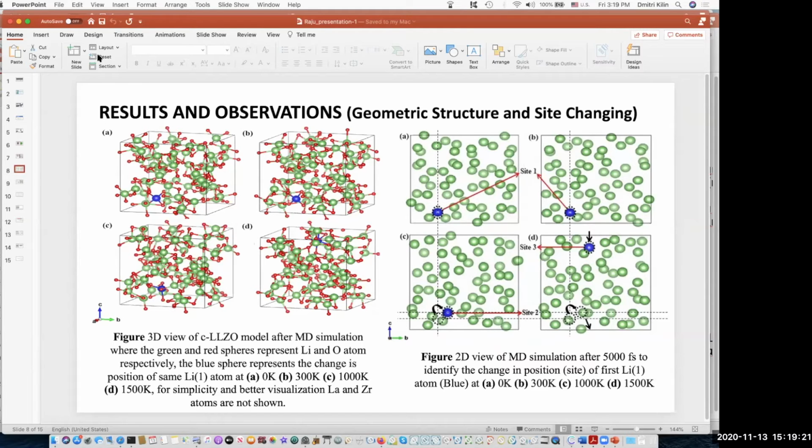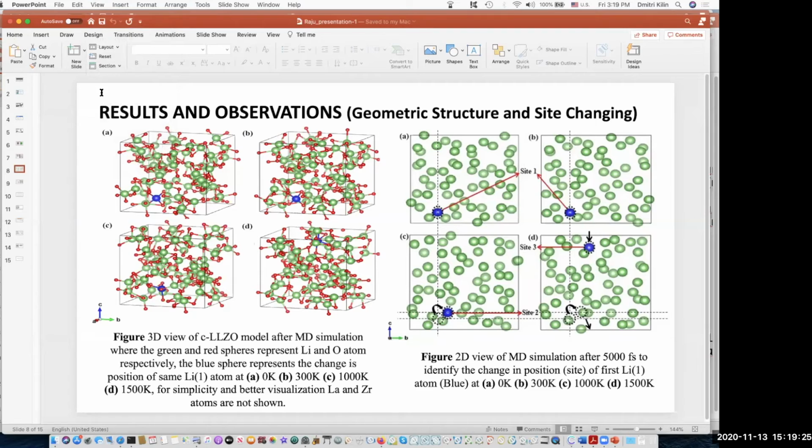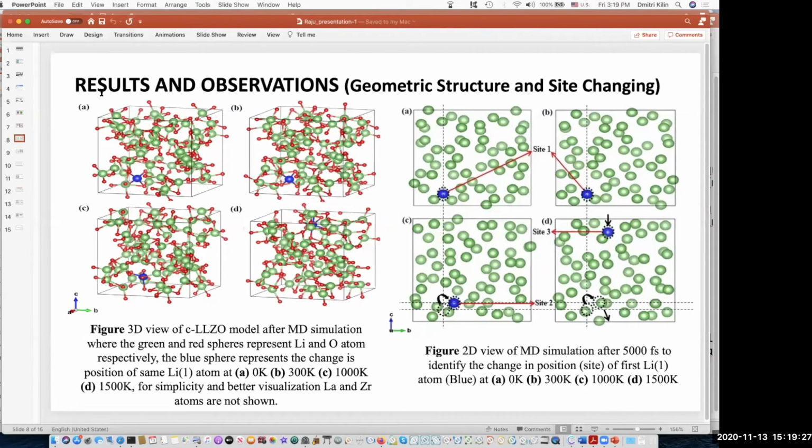As we observed, for all the lithium atoms this similar phenomenon is obvious. So we tried to take a single lithium atom to explain our phenomenon. So you can see at the left-hand figure the A, B, C, D 3D figures.